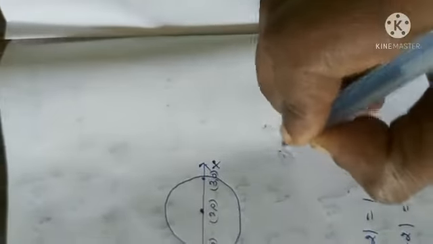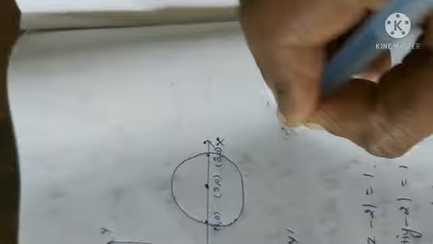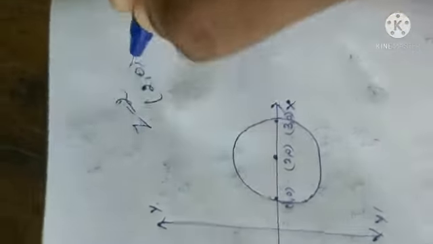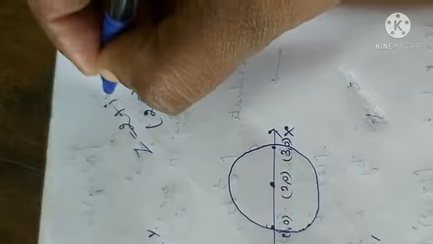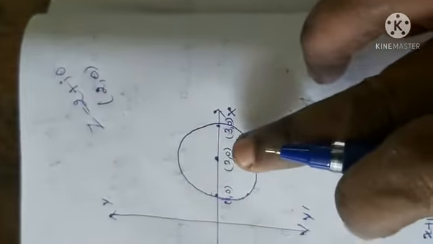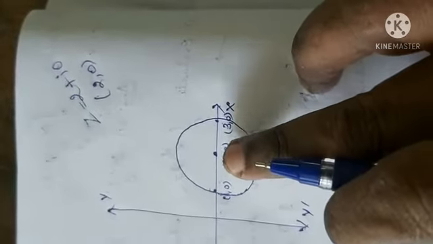What is the meaning of z equal to 2? Z equal to 2 is the point 2, 0, because 2 can be written as 2 plus i0. So you have to test whether this 2, 0 lies inside the curve or outside the curve.